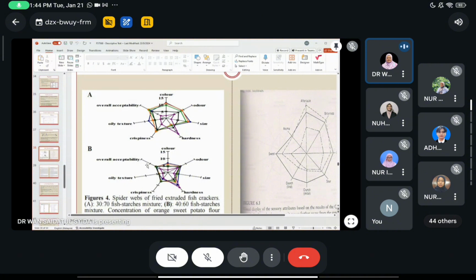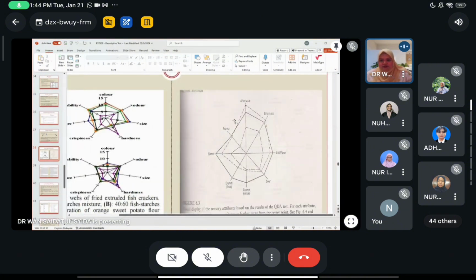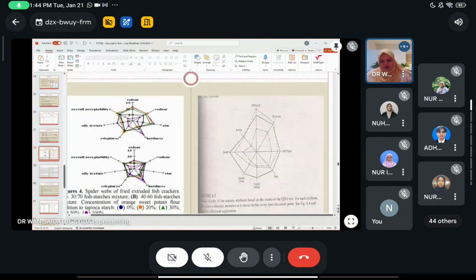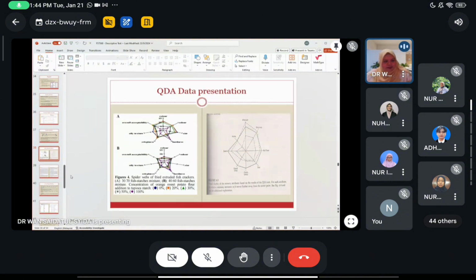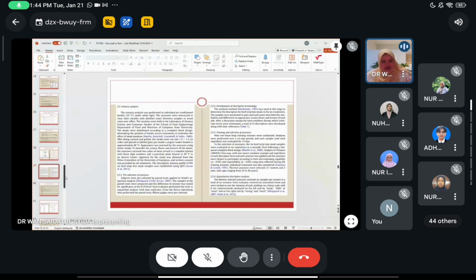The green shows sample 1, the yellow shows sample 2. Or you can use a different line design, a straight line or a dashed line like this, to differentiate between the samples. Alright, clear? I think that's all for me.